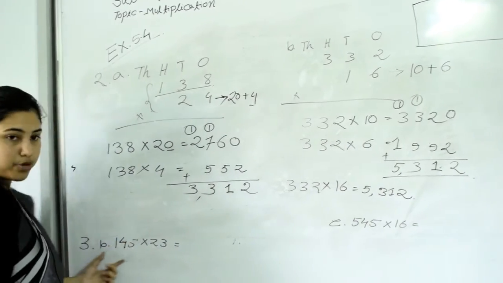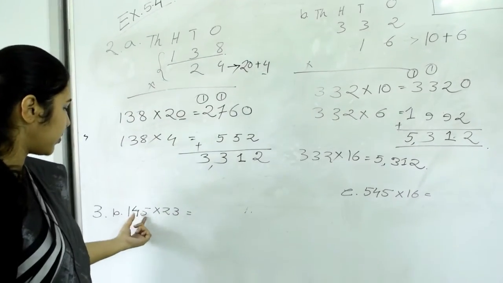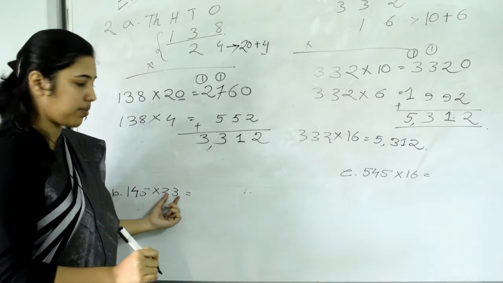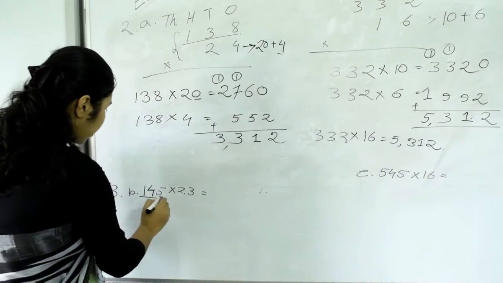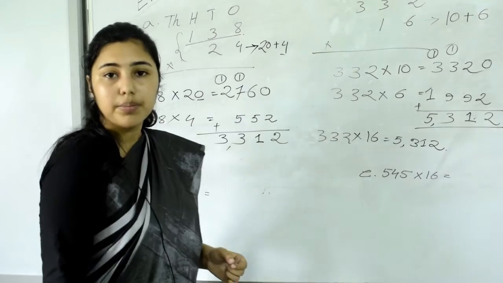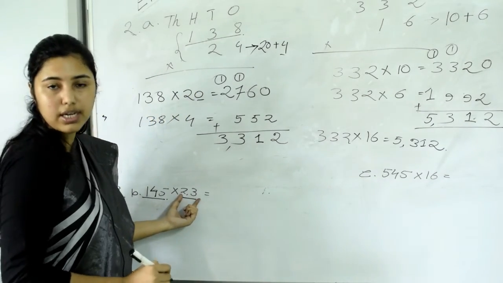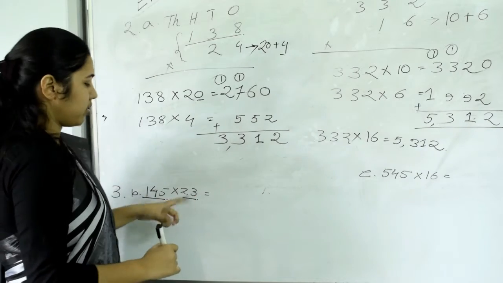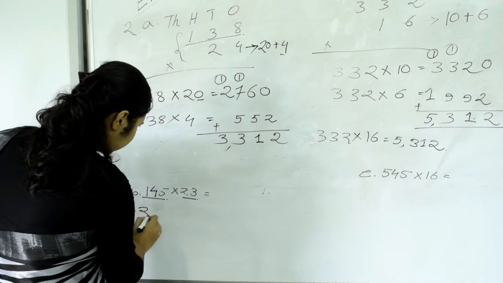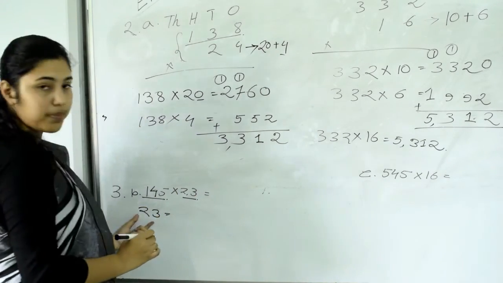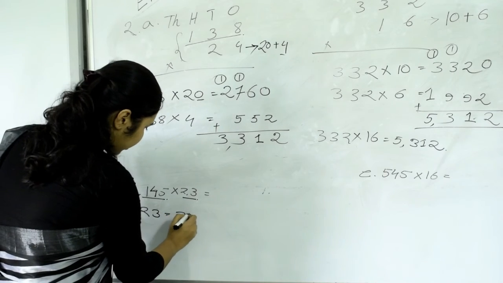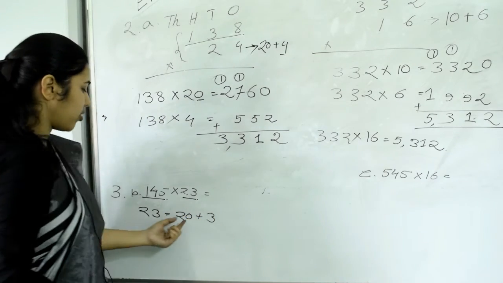Now look at here. Here also we have to multiply a 3-digit number with a 2-digit number. So here consider 145 as the multiplicand and the smaller number 23 as our multiplier. So our first step is split this multiplier as 20 plus 3. Okay.